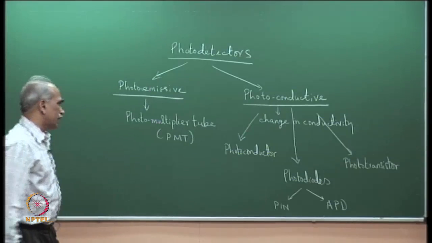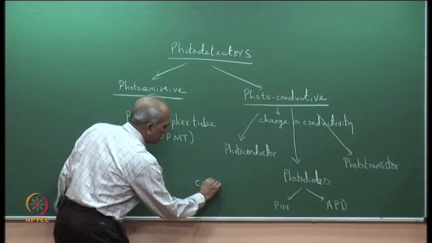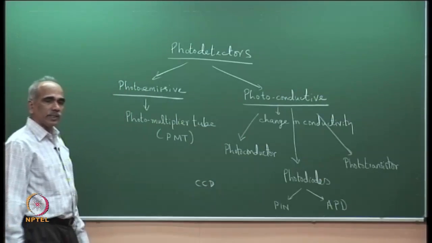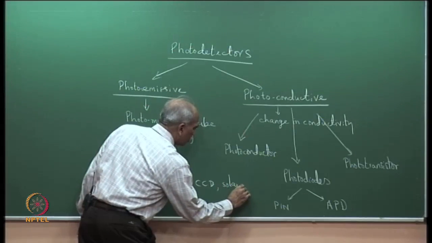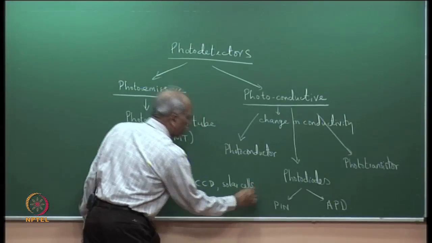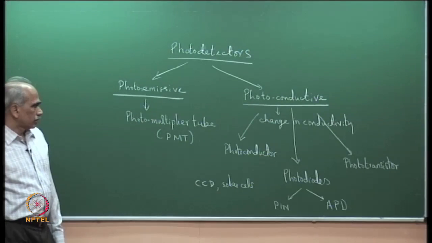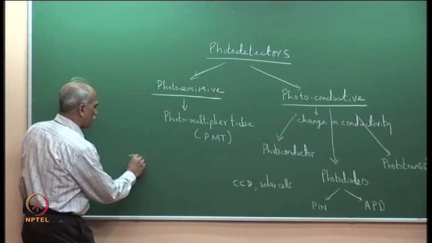There are other detectors. We also have affiliated detectors like CCDs, very important today, primarily for imaging, and then solar cells, which are basically photodiodes. There is also another class of detectors called thermopiles.